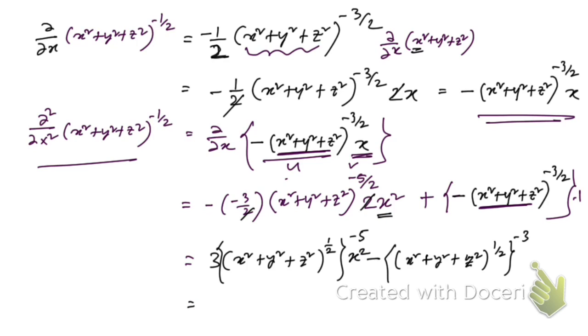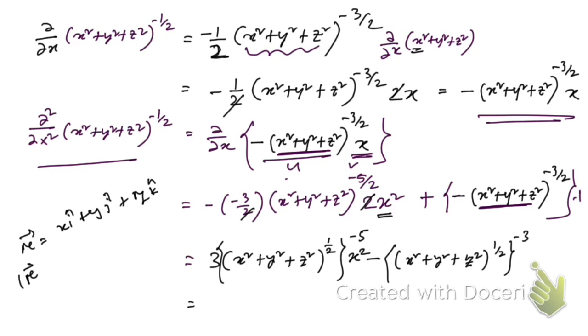So now you see, we know this is nothing but mod of r, or simply you can write r. So let me replace it by r, because the r vector is equal to x i cap plus y j cap plus z k cap, right?